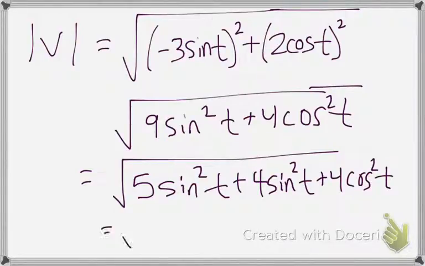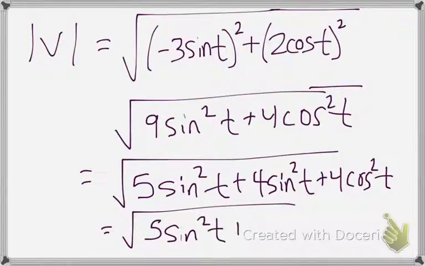And now we can rewrite that as 5 sine squared t plus 4.